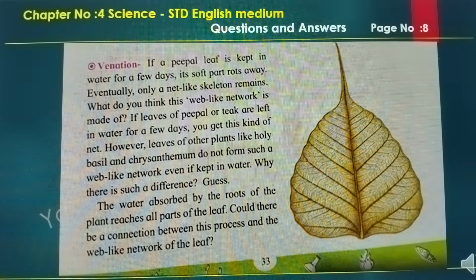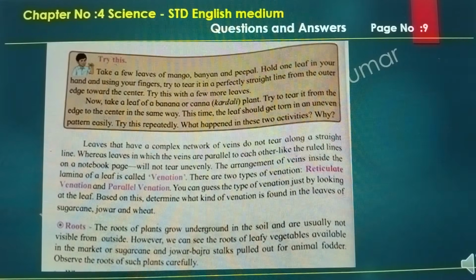Why is there such a difference? Guess. The water absorbed by the roots of the plants reaches all parts of the leaf. Could there be a connection between this process and the web-like networks of the leaf?